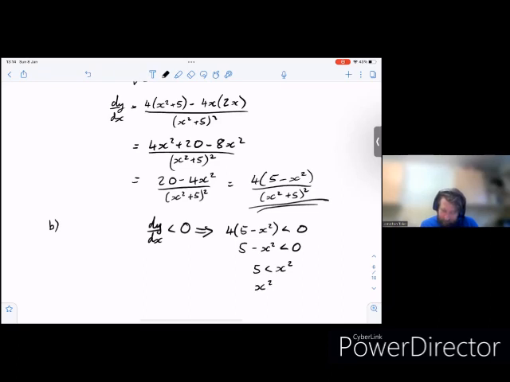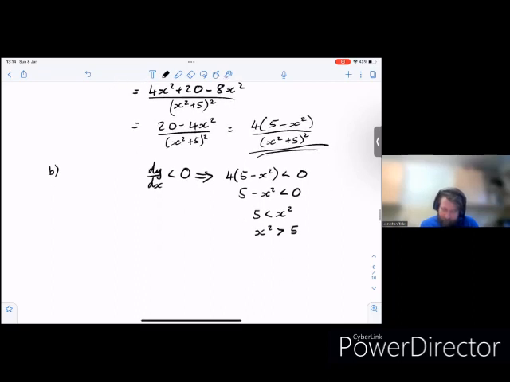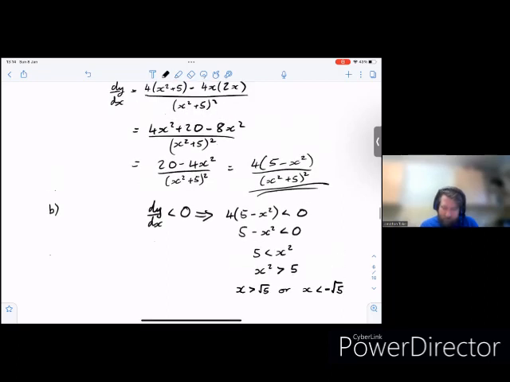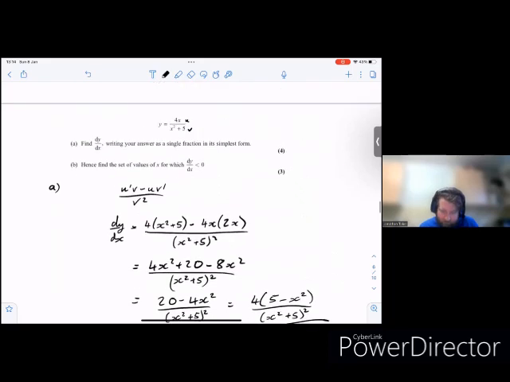So that's x squared is greater than 5, which means x is greater than root 5, or x is less than minus root 5. Are any of those values not allowed? No.